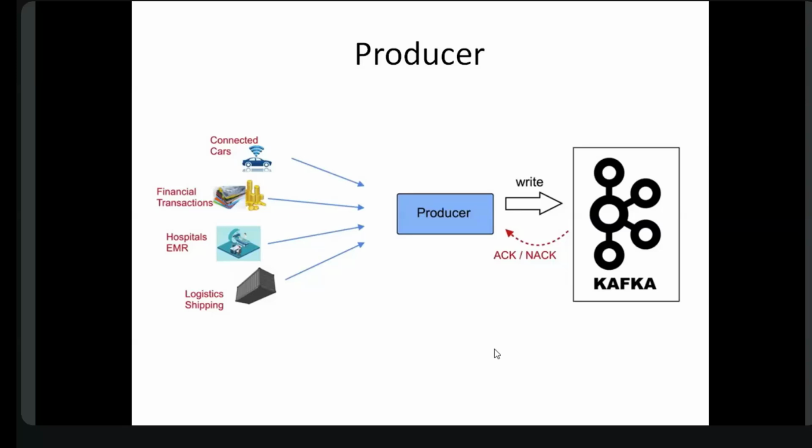Producer. So this is the producer. On the left hand side you see there are many applications which are producing the data. So these applications are called producers. For example, we use Uber, Ola, right?